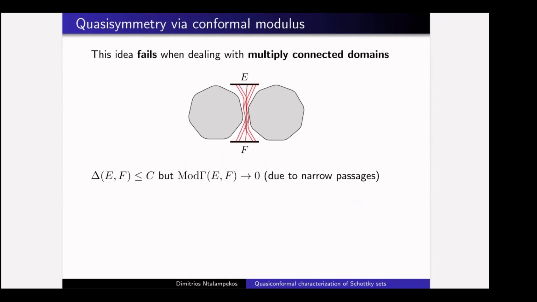So this forces the modulus to go to 0, to be very small. Even if these are objects that have very nice geometry, round disks for example, this could happen. The passage here could be very narrow, so the modulus goes to 0. So we do not have the Loevner property for multiply connected domains, even when we have very nice geometry.